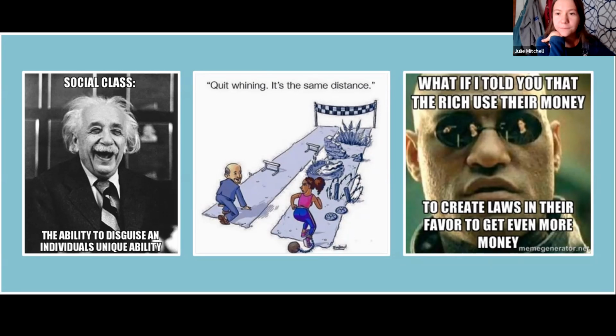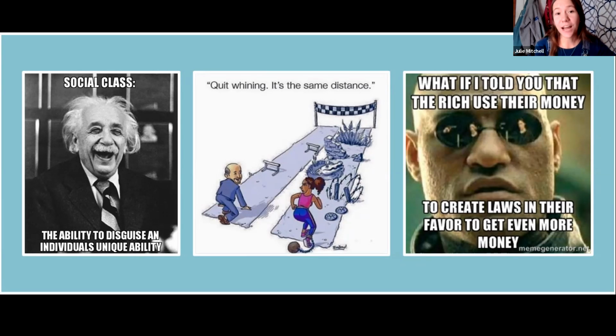And this guy has two obstacles, but he's basically saying, hey, the same distance, stop whining, which kind of feels like the justification and excuses of a lot of the wealthier elite people in the upper class: it's the same distance, everybody can get there. Meanwhile, that's not totally true. The obstacles we face are totally different from being handed down millions or billions of dollars, or having to work for it with nothing. Yeah, definitely. That picture is awesome. I don't know where you found it. Yeah, I saw it and thought, I have to use that.